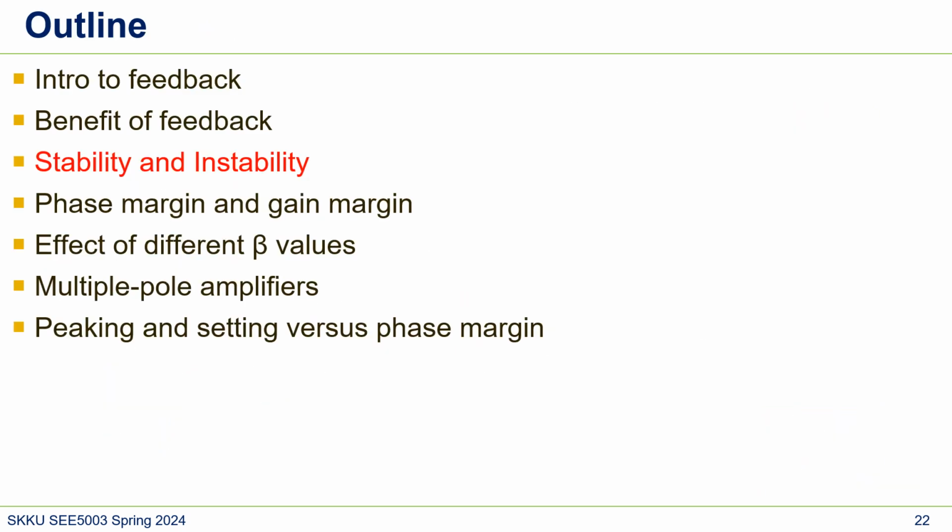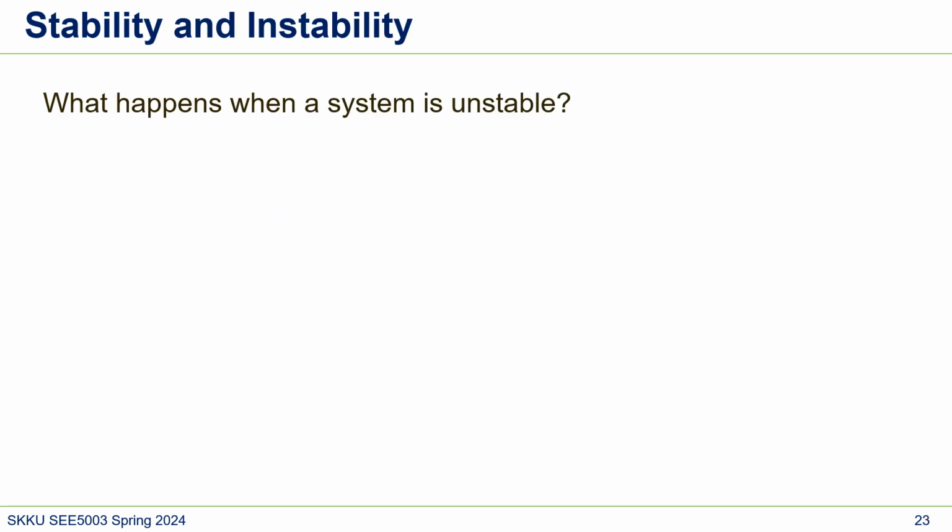Feedback is really useful, so we use feedback a lot, but feedback is difficult. Making a feedback system is difficult. Why? Because of this. So we have to be careful about stability.